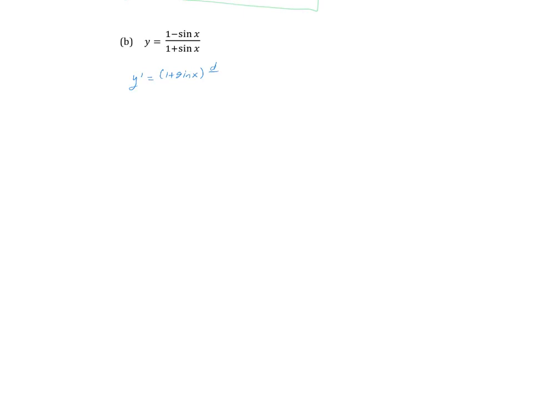And then I take the derivative of 1 minus sine of x, minus 1 minus sine of x times the derivative of 1 plus sine of x. And that's going to be all over 1 plus sine of x squared.